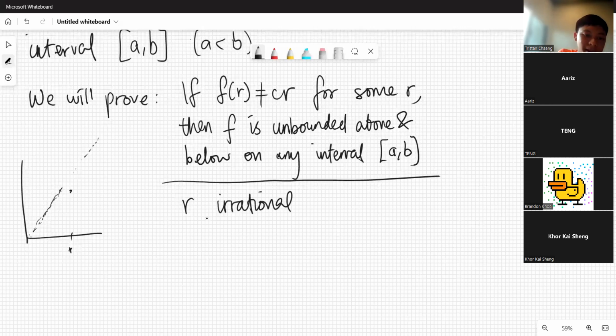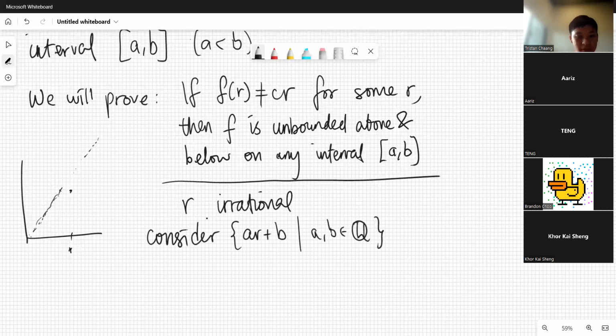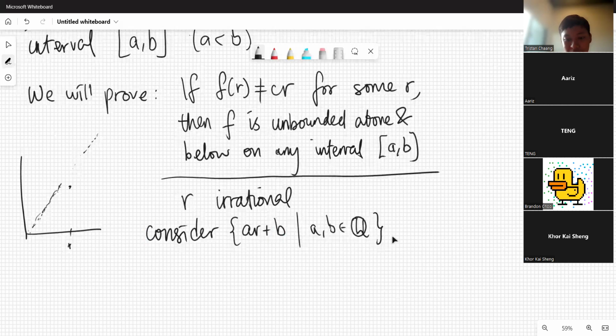And if I consider the set ar plus b, where a and b are rational, so in other words, we are taking the linear combination of r and 1, but the coefficients must be rational.